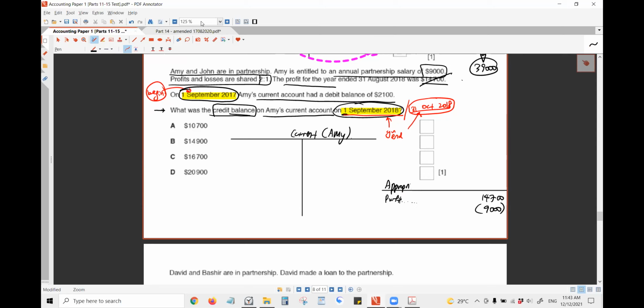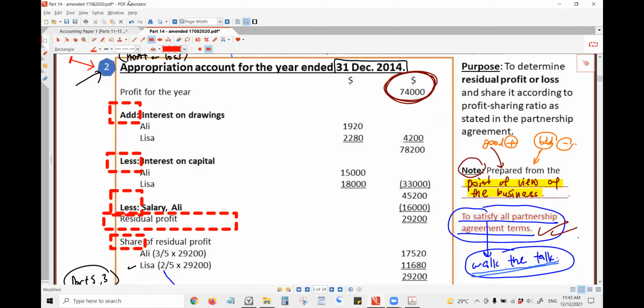You remember in the appropriation account, most of the time you have these few things coming together: interest on drawing, interest on capital, and salary to partner. But I think because of the complexity of the question, they try to remove some things, otherwise it would make the question more difficult.